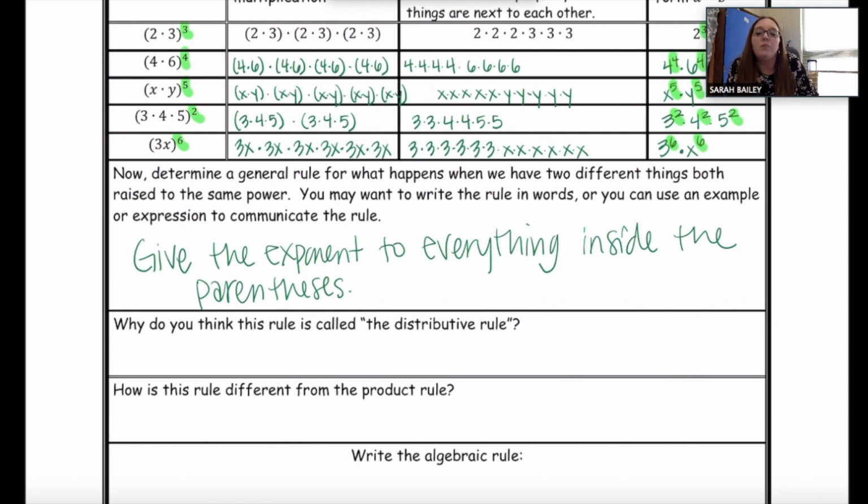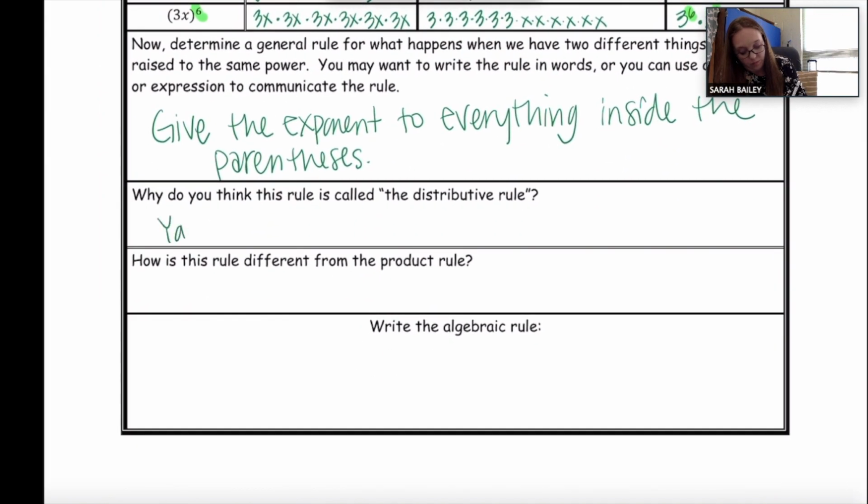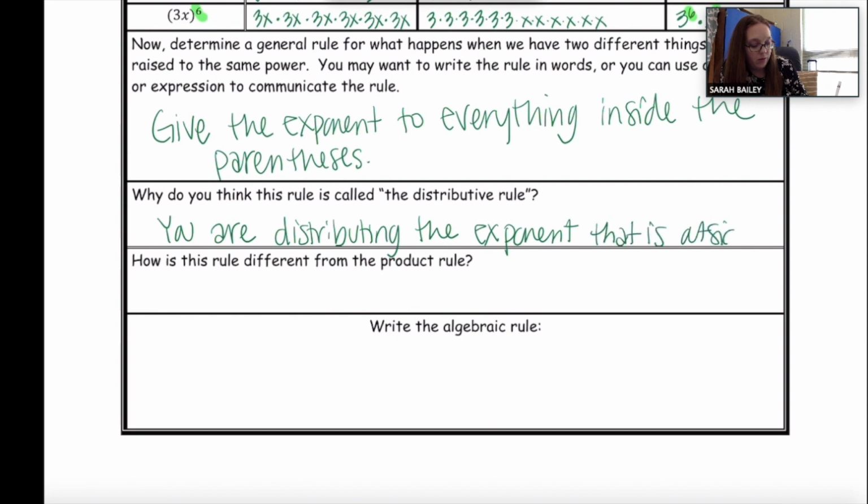So why would this be called the distributive rule? Because you're distributing or giving the exponent that is outside of the parentheses.